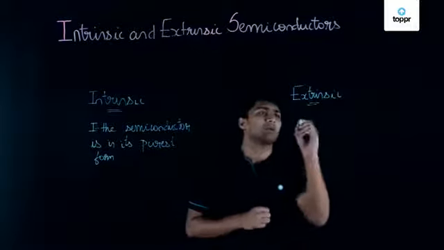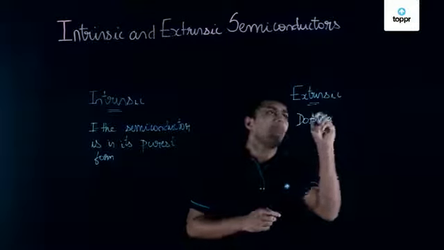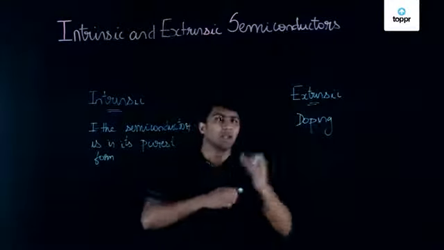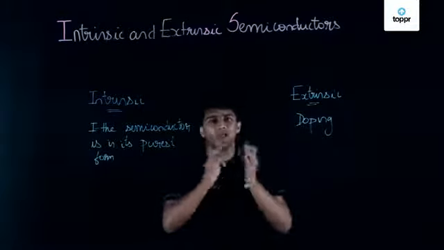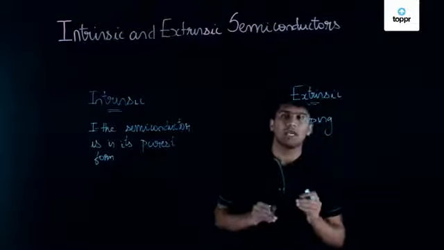For that there is a process called doping. So we do doping to improve the efficiency of the semiconductor. When we are adding impurity to a semiconductor to improve its efficiency, that process is called doping.